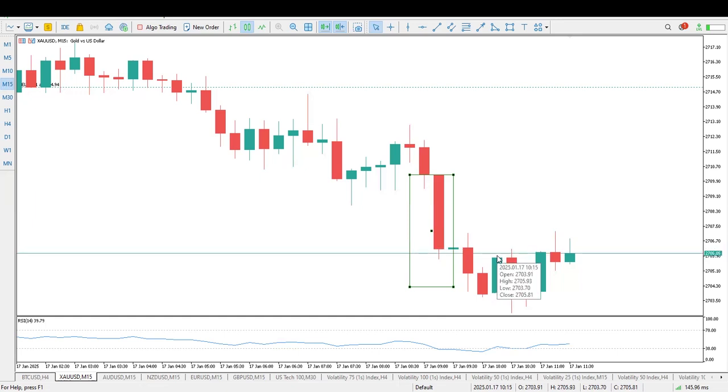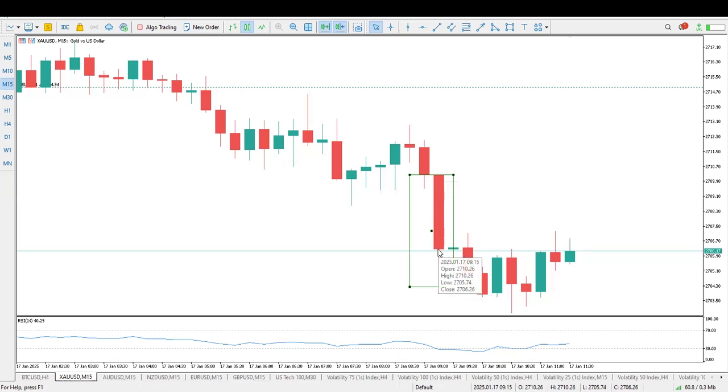So it is just opposite of each other. Remember that the red candle is coming down, it is selling, while the green candle is going up. As the red candle is selling, it is opening at the top and closing at the bottom. It is the opposite of the green candle, which opens at the bottom and closes at the top.